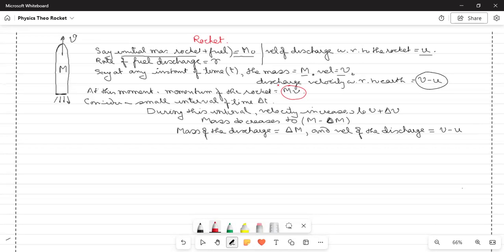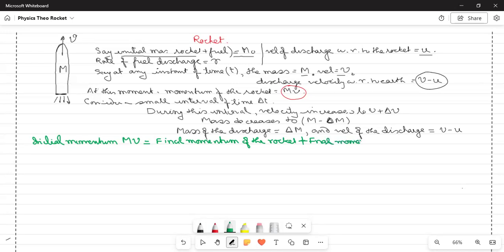And the final momentum has two components. The initial momentum mv will be equal to the final momentum of the rocket plus the final momentum of the discharge.